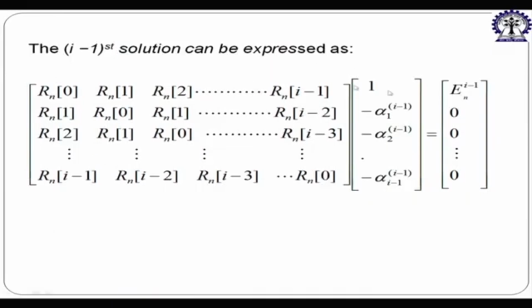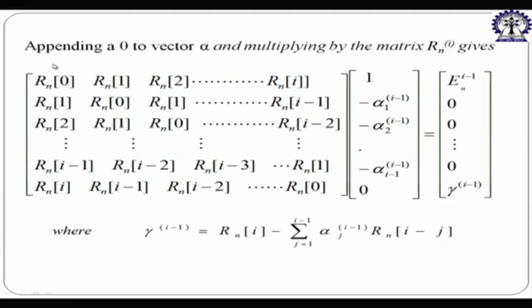That is a detailed explanation: I can write the matrix this way and append a zero vector to alpha. This is nothing but mathematics. I can say gamma(i-1) is equal to this.